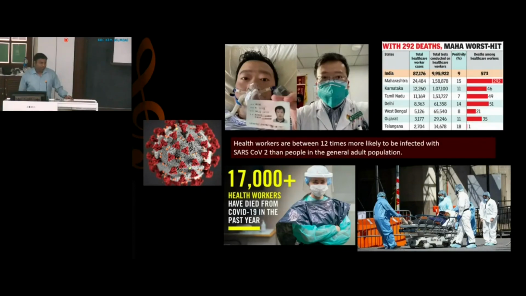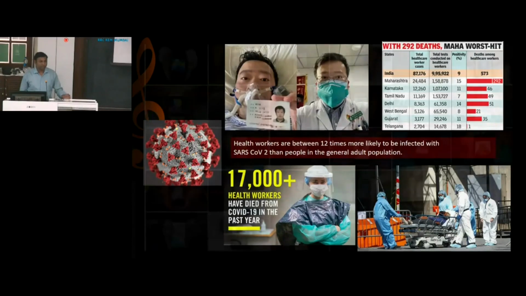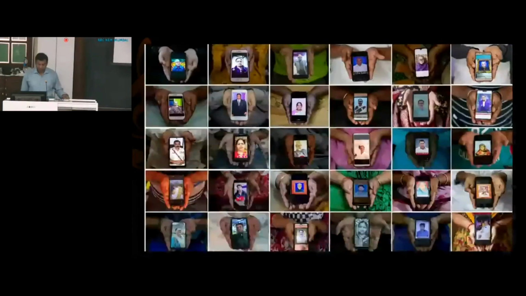Like I have been repeatedly telling you, we are 12 times more likely to be infected by SARS-CoV-2, the virus which causes COVID-19, than the general adult population. These are some of the patients who have been lost during the COVID pandemic.